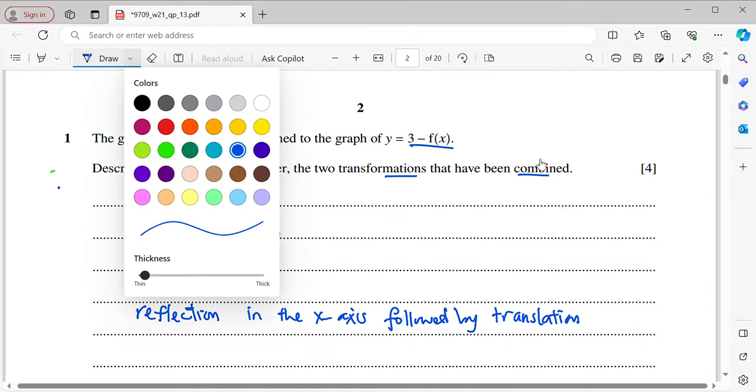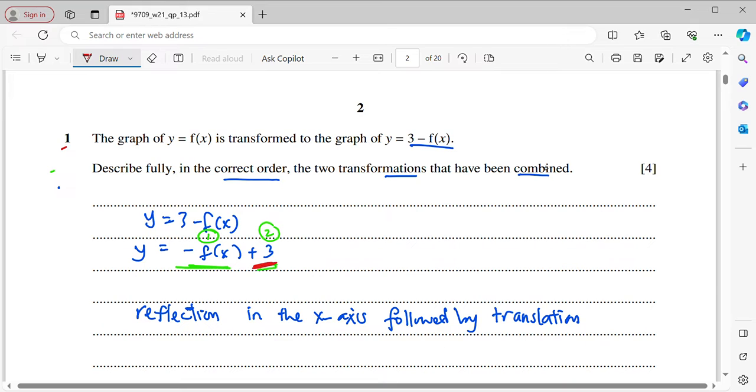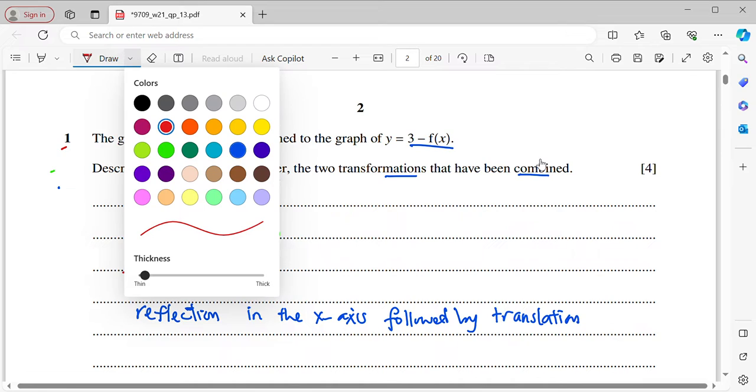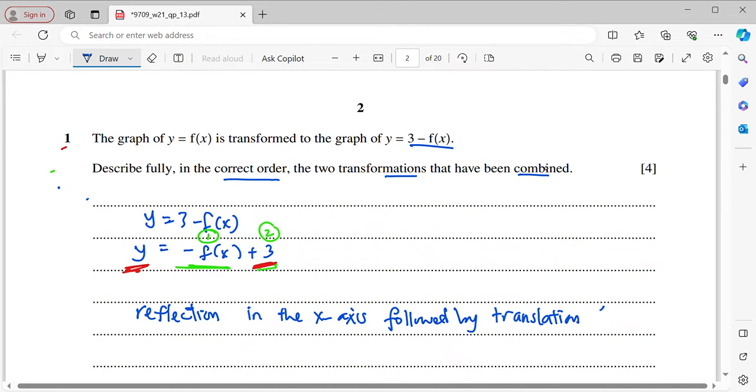Since the plus 3 over here is the effect on the y value, therefore the translation is going to be (0, 3). So there's no effect on the x values. So these are the transformations. Okay, so done for question number 1.